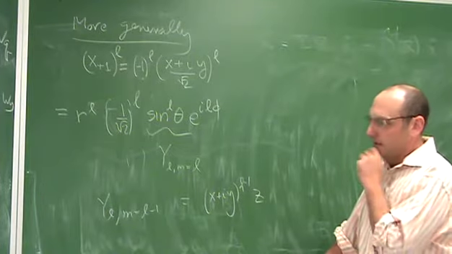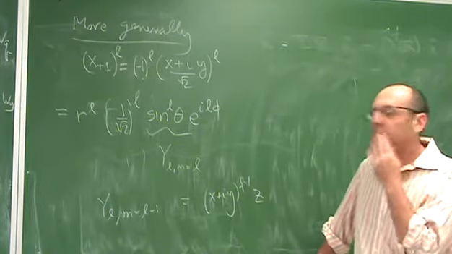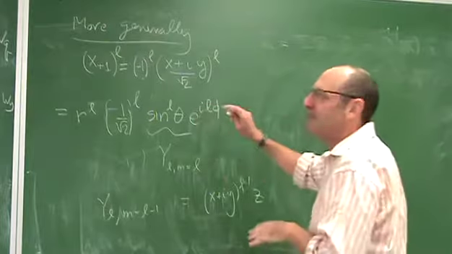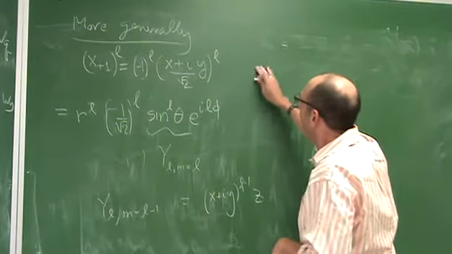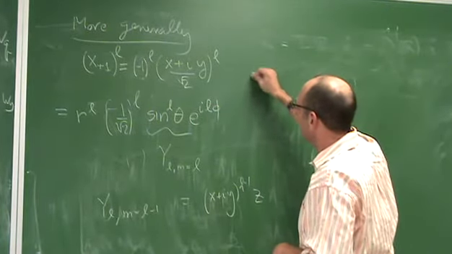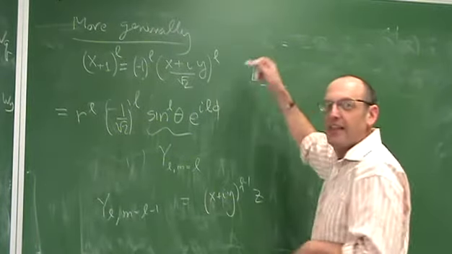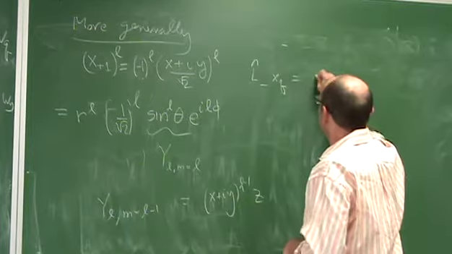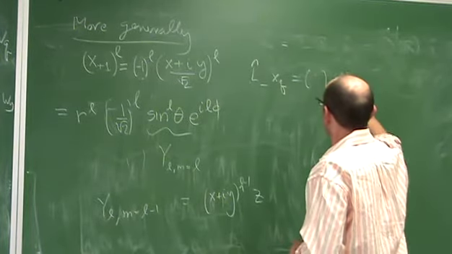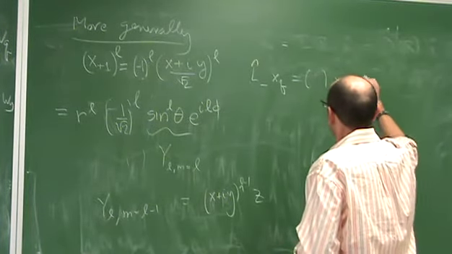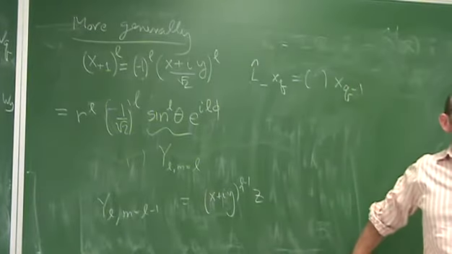Right. I still don't understand how I get Z in there. So that's, yeah, that was a little fast. What I'm saying is that if I apply that lowering operator, this takes this with some constant, lowers this one value.